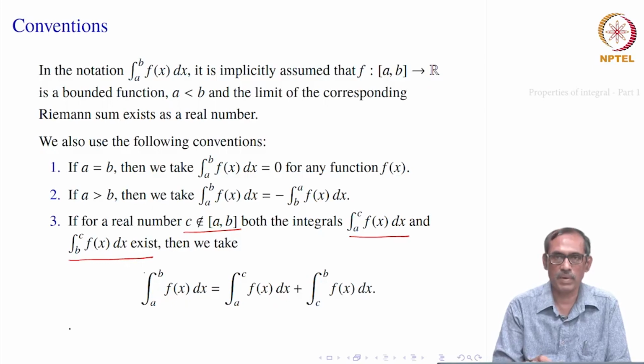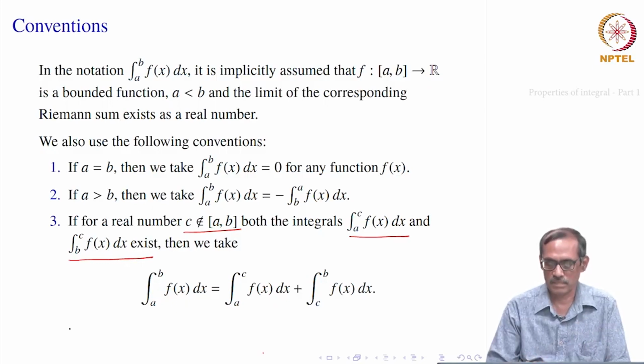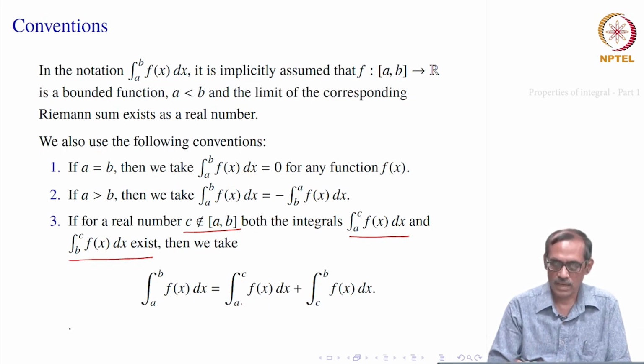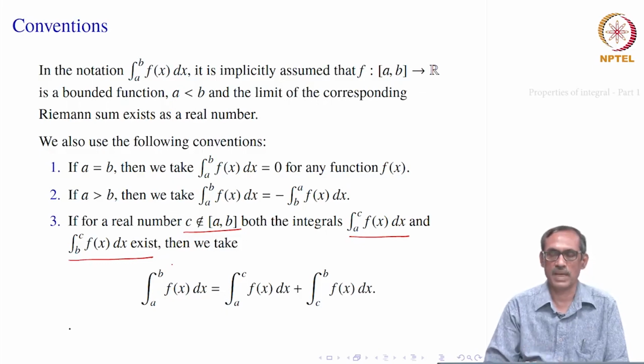So, this complies with our earlier property. Similarly, if c is less than a, then a to c will be minus c to a and this is c to b. So, their minus will give us a to b again. So, we put this as a convention because it is consistent with our property.